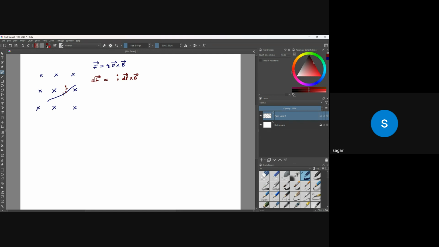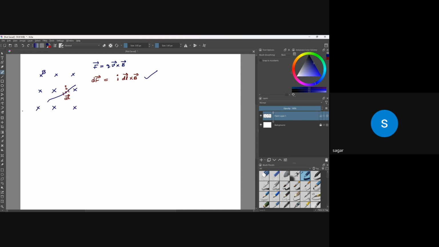So if you take a small element over here, which has a length given by the vector dl bar, and the direction of dl bar is in the direction of current, then the force acting on it will end up being I into dl bar cross B bar.